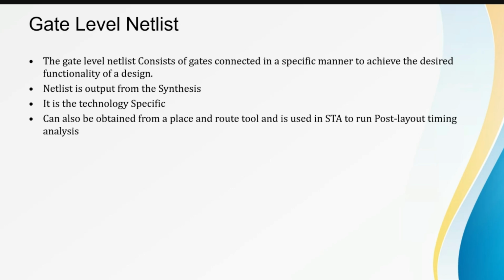I'll show the netlist in the design, don't worry. It will be given from the synthesis team. Suppose the AND gate is connected to the OR gate, which is connected to the MUX, which is connected to the flop. This connection has to be given somewhere, right? This will be given from the gate level netlist.